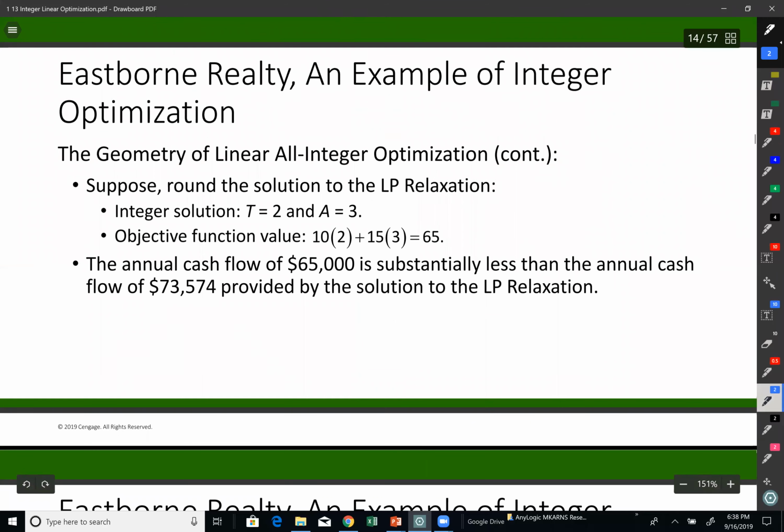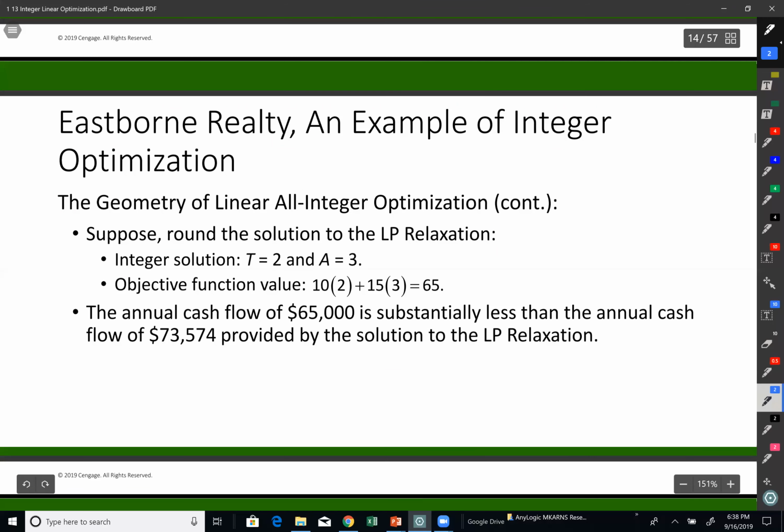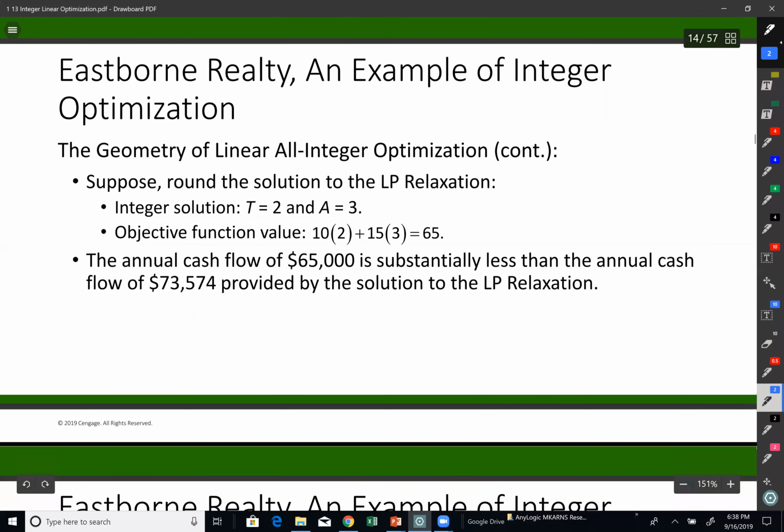For example, if I round these numbers to 2 and 3, 2 townhouses and 3 apartments, then my new solution will be 65,000 instead of 73,000, and this is roughly over a 10% decrease. So this is pretty bad. There's a big difference between 73,000 versus 65,000.